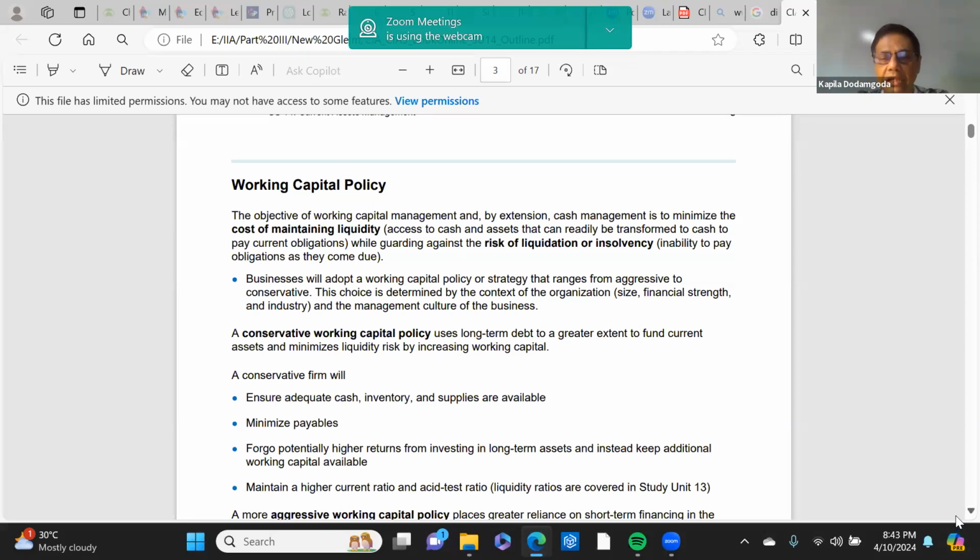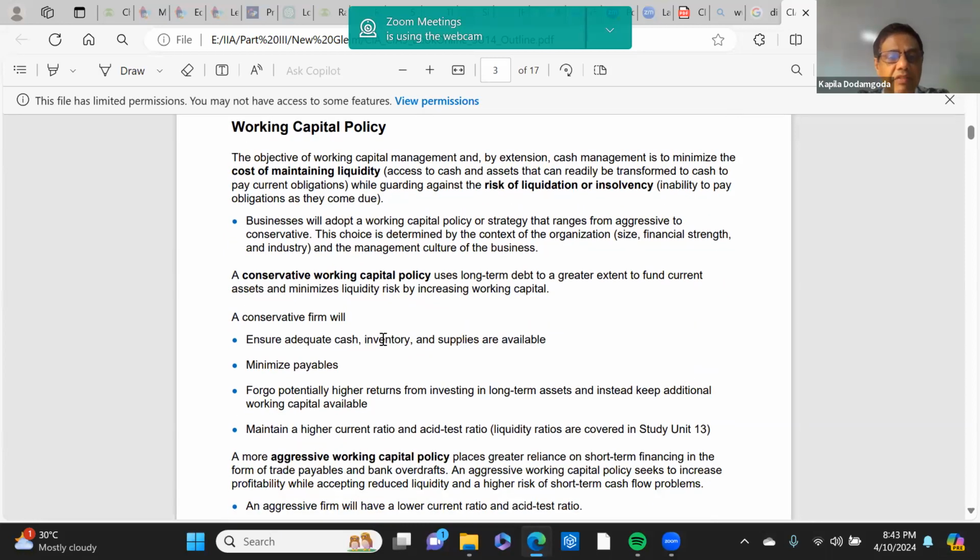Now, having said that, a conservative firm will ensure adequate cash, inventory, and supplies are available. Obviously, if it is a conservative company, they don't want to take risks. They want to ensure that you have enough cash, so that you will not run the risk of not having enough money to settle if someone is asking for a payment.